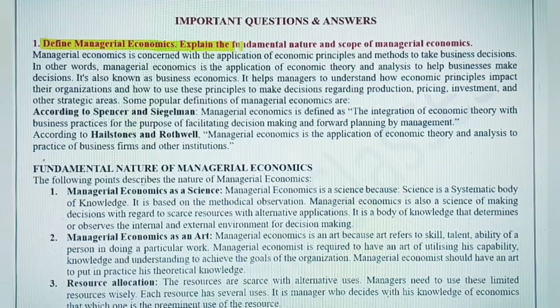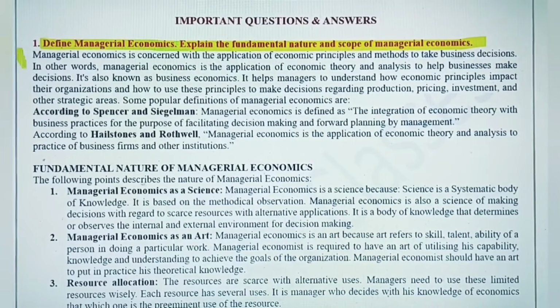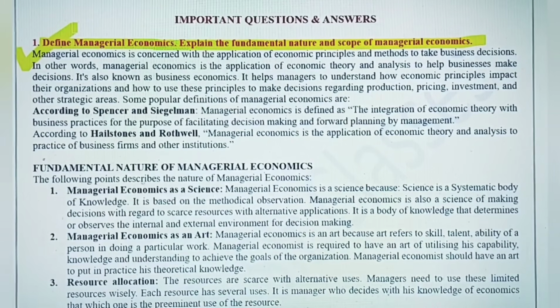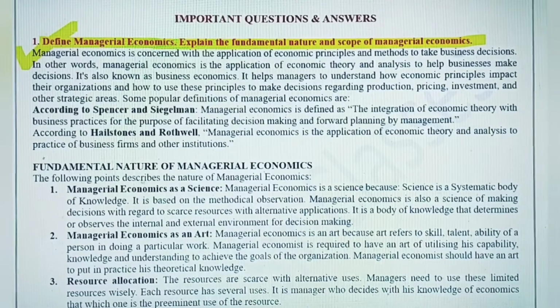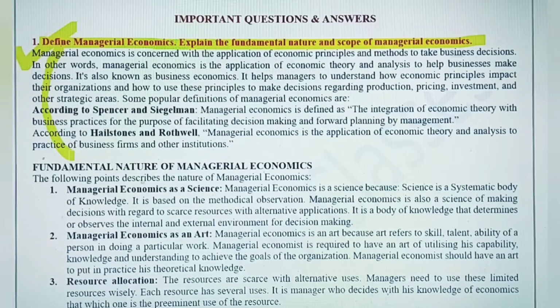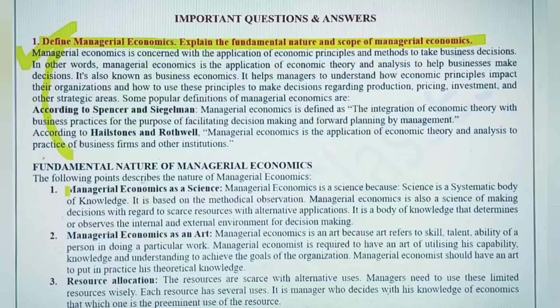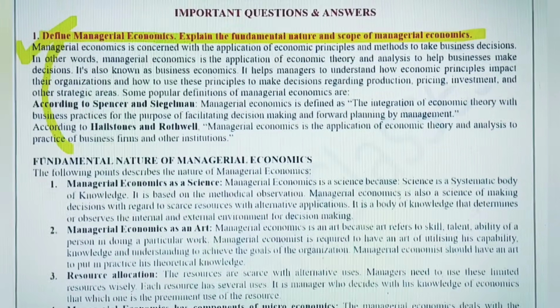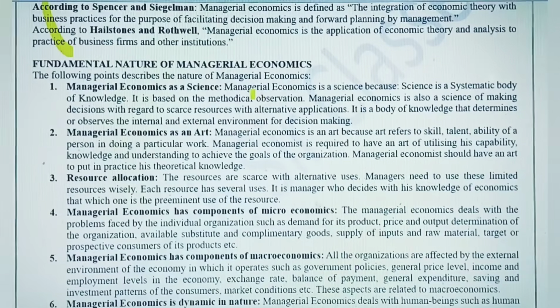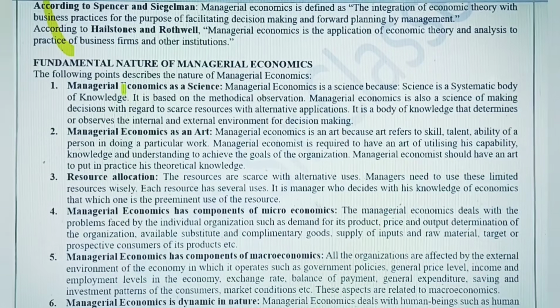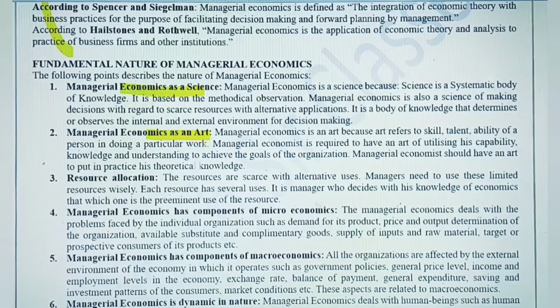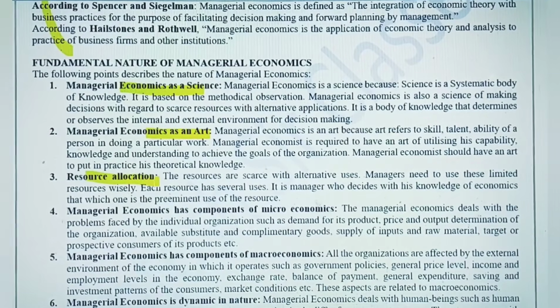Define managerial economics and explain the nature and scope of managerial economics. Now this question has come a lot of times in the exam. You need to write first the definition of managerial economics and its fundamental nature, and in the nature you can write all these points: it is a science, it is an art, and it helps in the resource allocation.